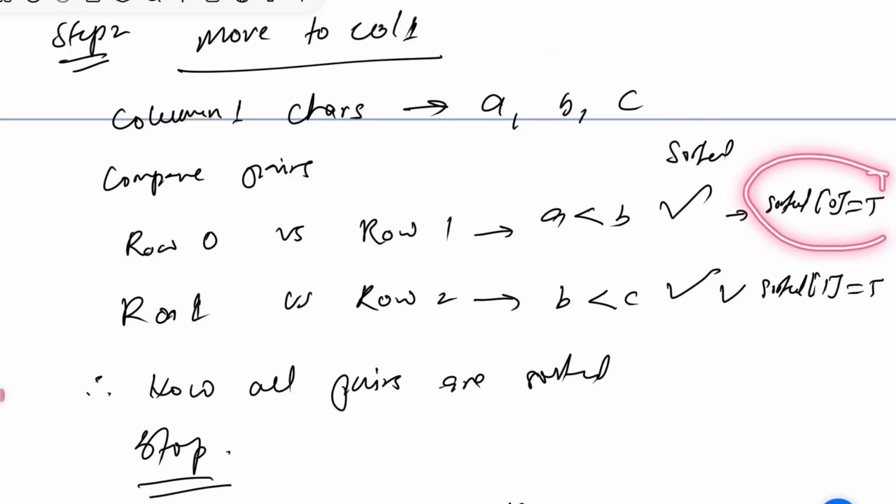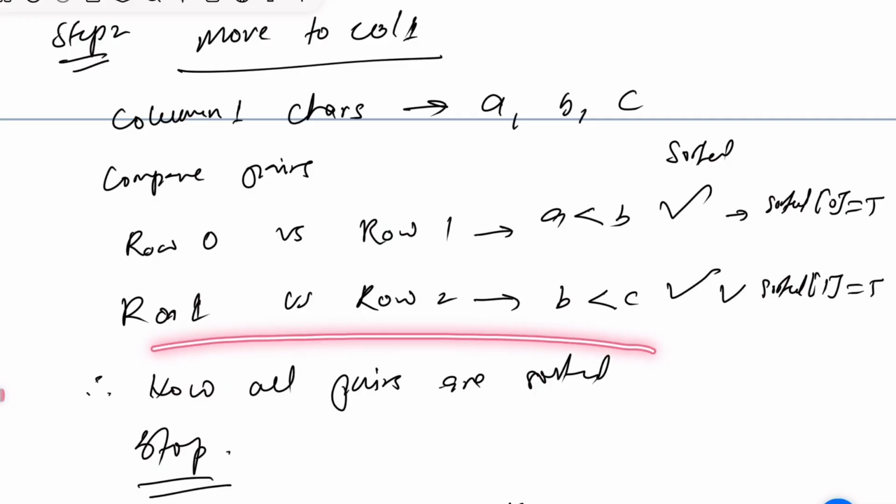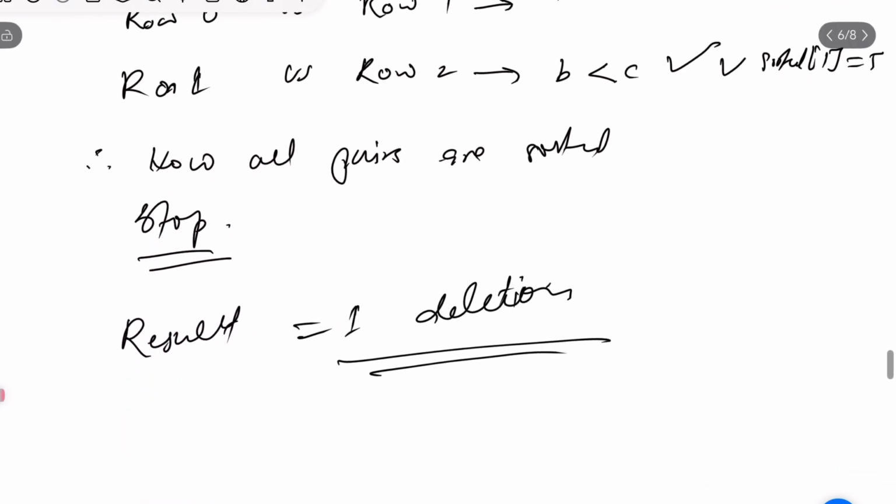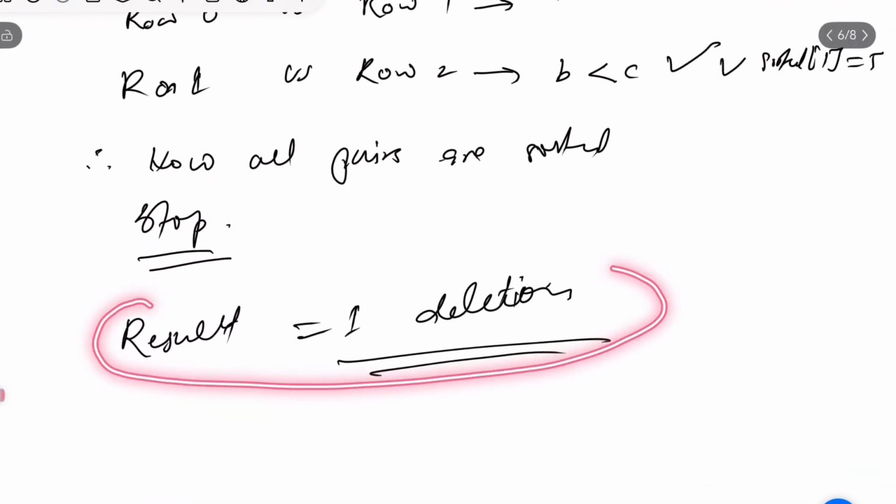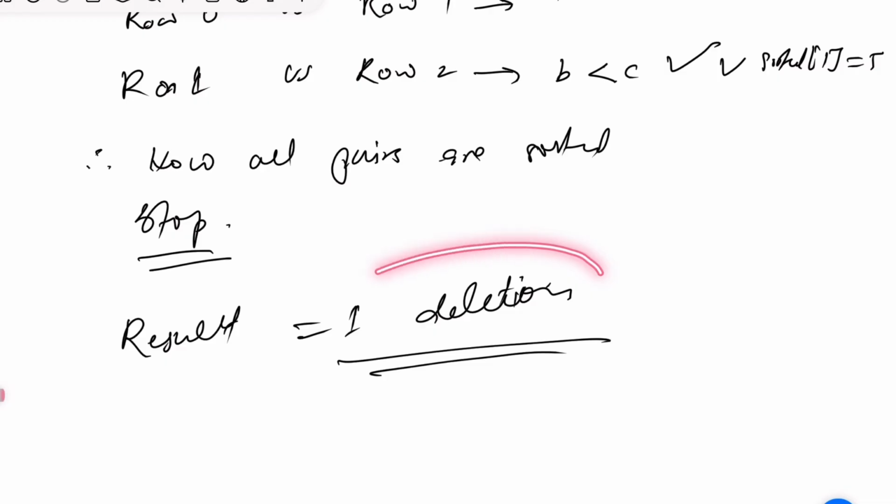So sorted at 0 is true, sorted at 1 is true. So now all pairs are sorted. We'll stop there because columns are completed, and the delete count is 1. So what we have learned from here? Let's think here.